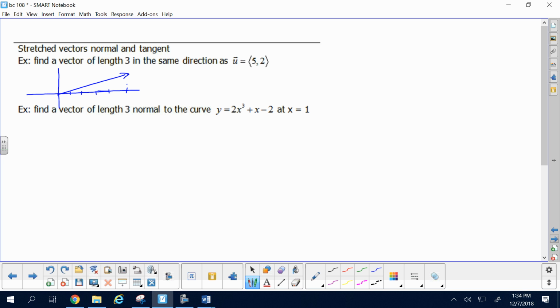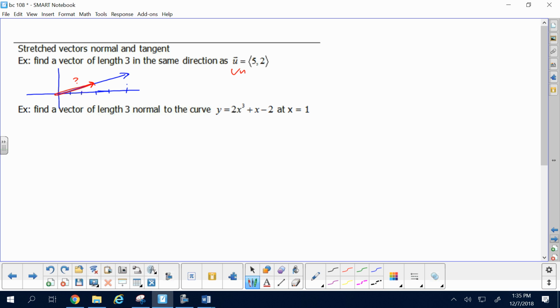That vector u is probably about √29 or 5.5-ish long. I want it to be 3 units long. What is that vector in the same direction, but only 3 units long? What do you reckon we should do?